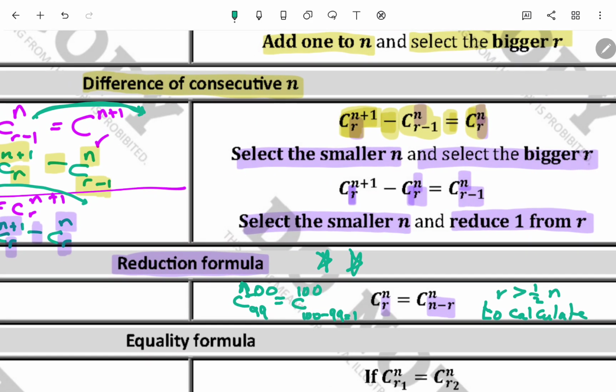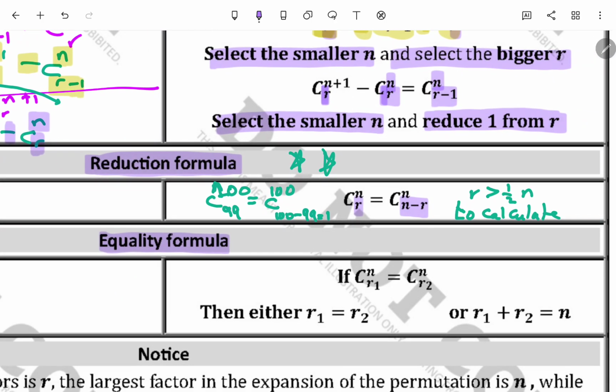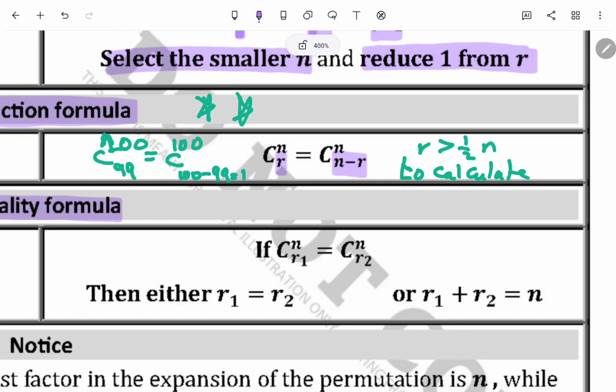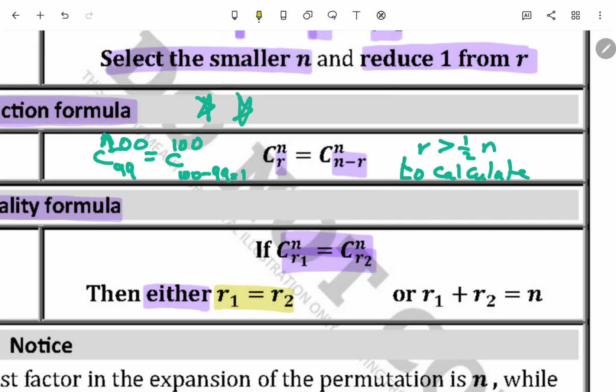Here, equality formula. This equality formula is talking about if we have two combinations equal to each other with the same n and different r. So we will have either r1 is equal to r2, and this makes sense, or if you add them, you will get n.